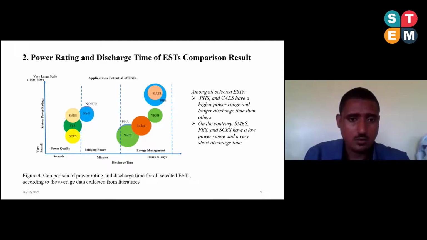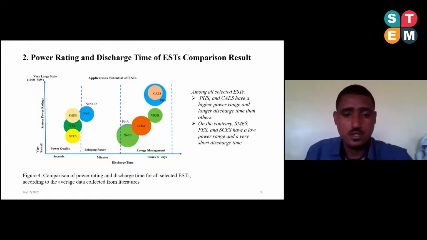On the contrary, supercapacitor, flywheel, and superconducting magnetic energy storage have a small power range and a small discharge time. If we categorize energy storage according to these characteristics, we can categorize pumped hydro storage and compressed air energy storage under energy management, because they have a high power range and can stay for a long discharge time, hours to days.